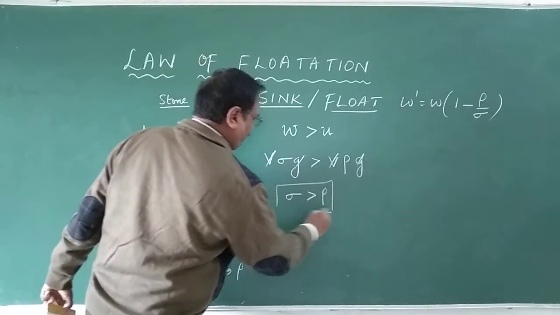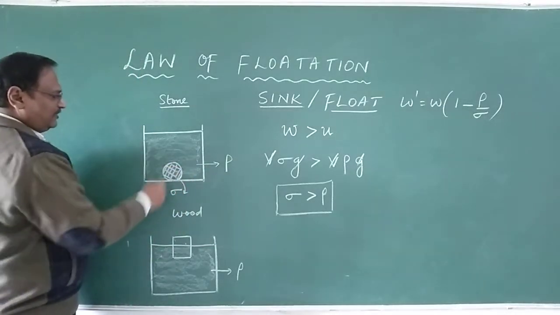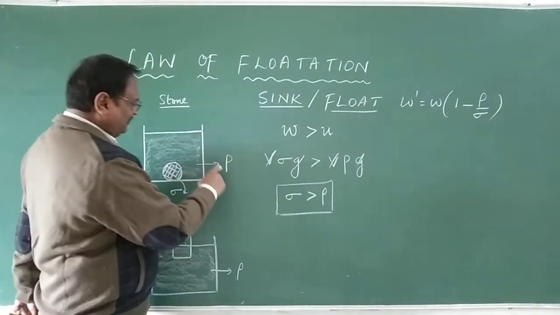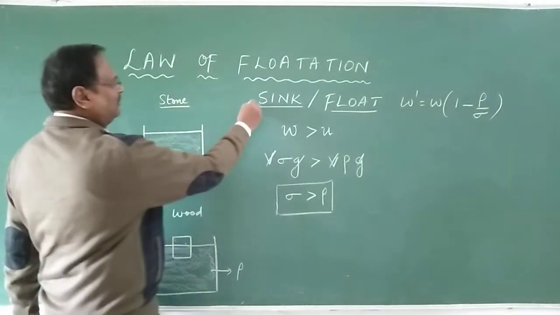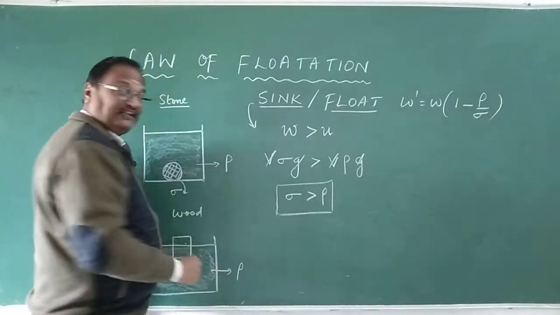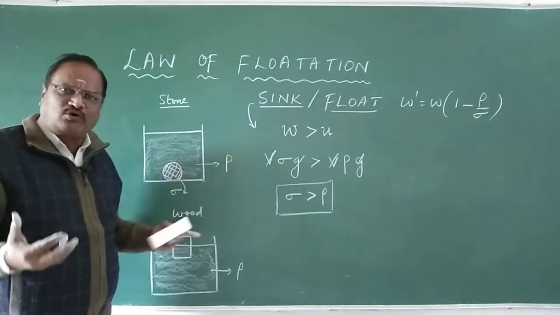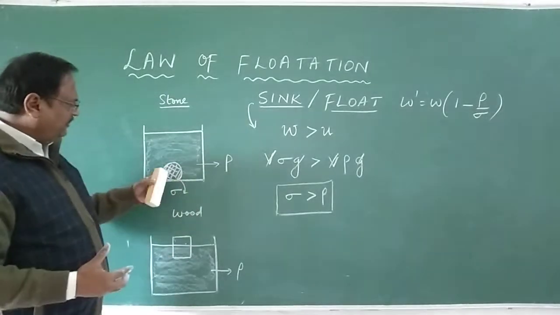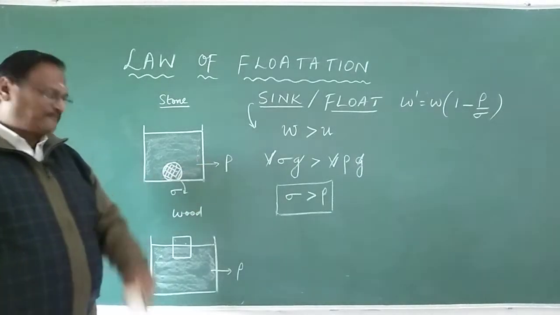If the density of the object is more than the density of the liquid, then the body will sink. Very simple. Density of the object is more, stone is more. Naturally, it will sink. Right? Water is less, so naturally it will sink.